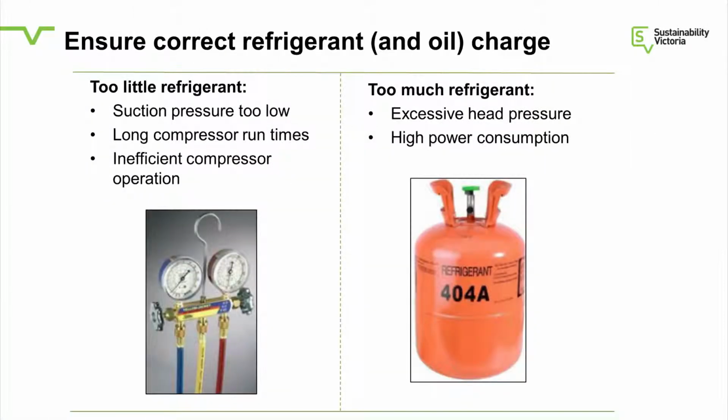are. So refrigerant charge, and oil charge too for that matter, is especially important for small commercial refrigeration systems because they are what we call critically charged or close to it.